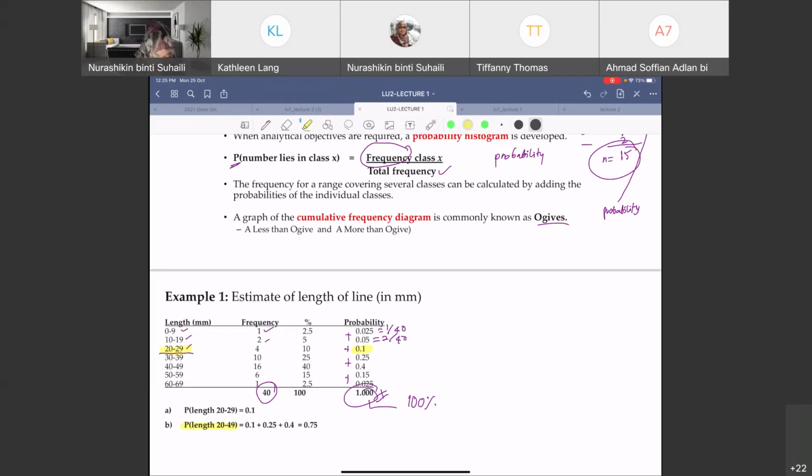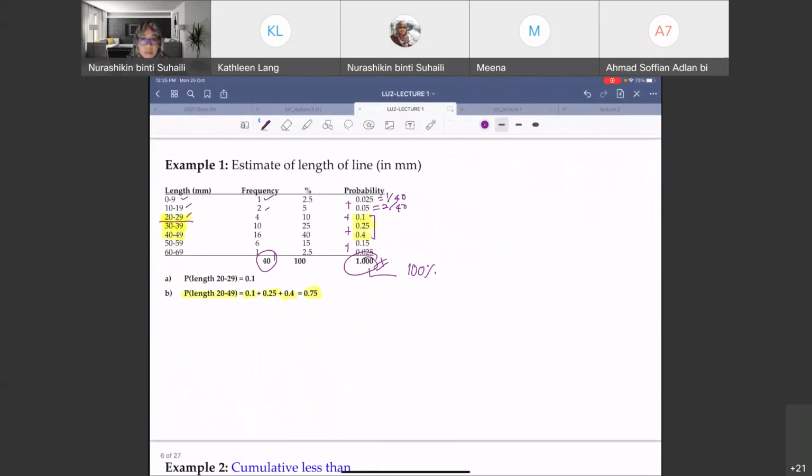It means it covers until here. So what do you have to do? You have to add up all of these values: 0.1, 0.25, 0.4, 0.75. Depending on the situation that you are analyzing, that's how you deal with the probability of the observed distribution.